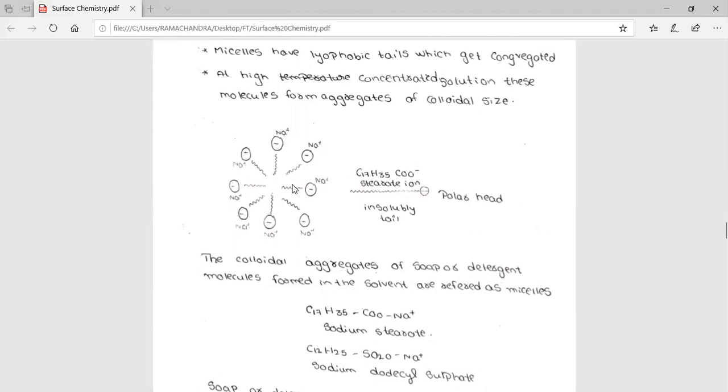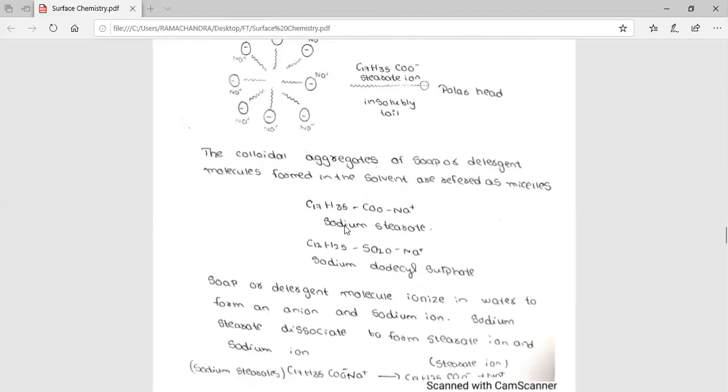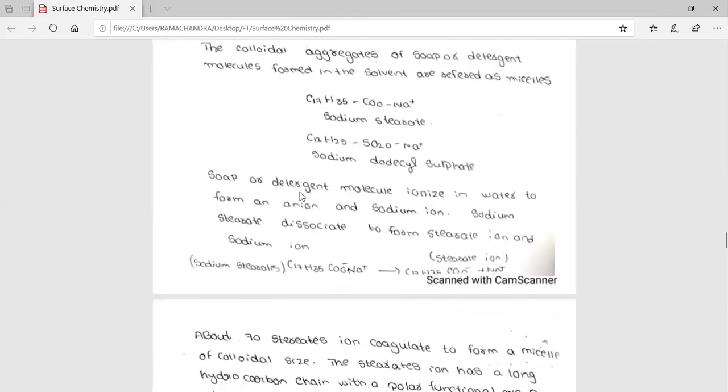The colloidal aggregates of soap or detergent molecules formed in the solvent are referred to as micelles, for example sodium stearate and sodium dodecyl sulfate. Here soap or detergent molecules ionize in water to form an anion and a sodium ion. So sodium citrate dissociates to form citrate ion and sodium ion.